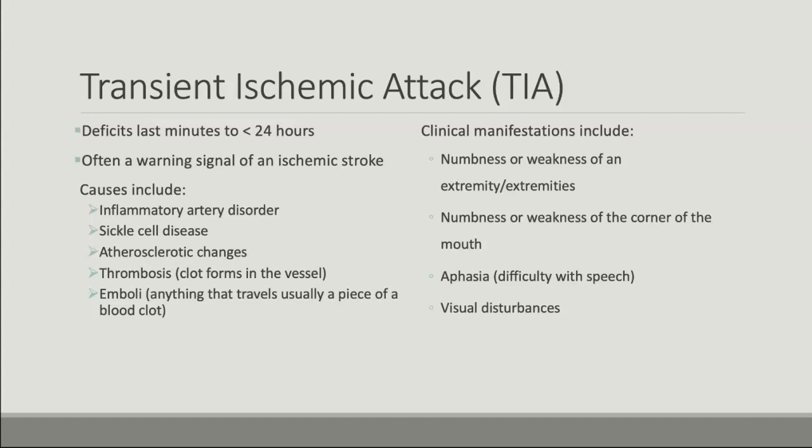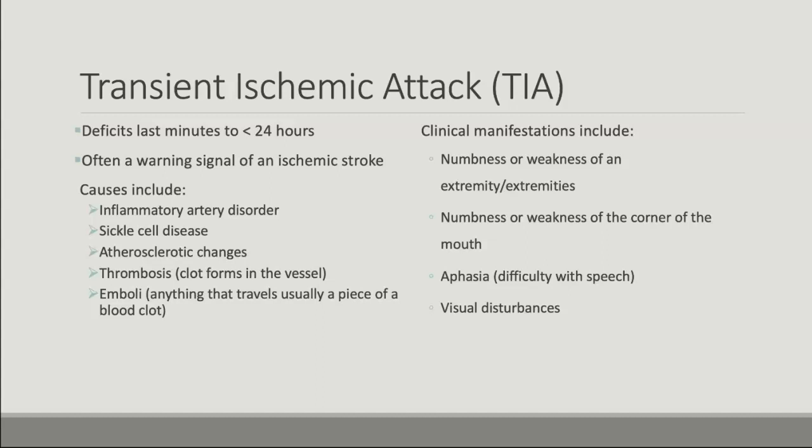So we have to look at clients too who are on oral contraceptives and have other risk factors like increased age and smoking, which are a huge risk for throwing clots, as are individuals with atrial fibrillation. So clinical manifestations of a TIA include numbness or weakness of an extremity or both extremities, numbness or weakness of the corner of their mouth, aphasia, which is difficulty with speech, and visual disturbances.